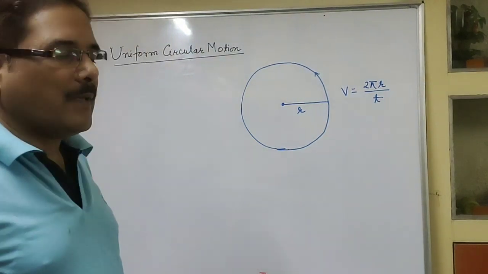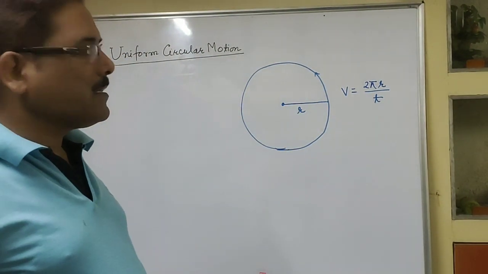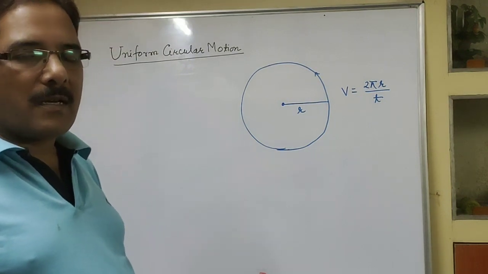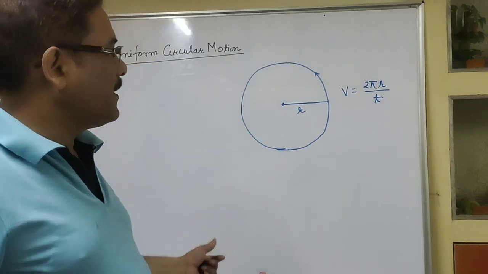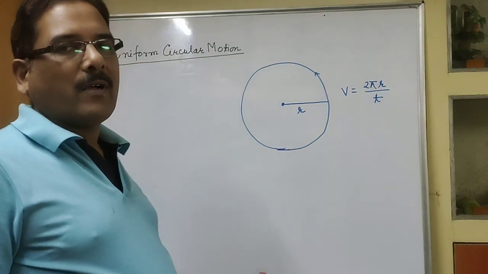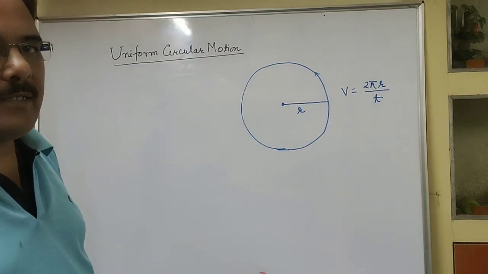It means in one complete round, the distance covered by the object is simply the circumference of the circle. So the circumference of the circle is 2 pi r, and we have written it takes time t to complete one round. So velocity will be simply 2 pi r by t.